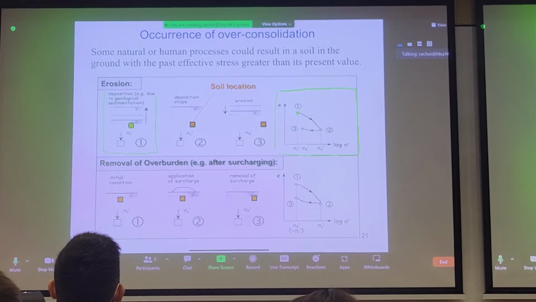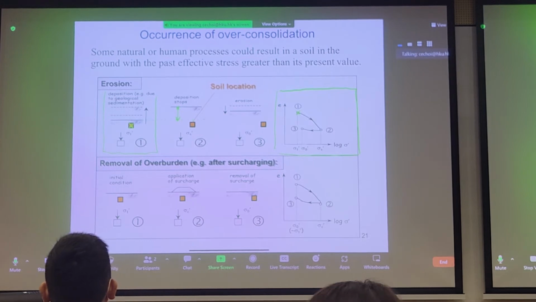So we're at some initial stress, sigma subscript 1 prime, and some void ratio. And let's say we get some deposition. So you can see that initially the surface of the soil is here, but let's say there's a debris flow or some landslide processes that deposit over here, and a million years later you have the added overburden on top.